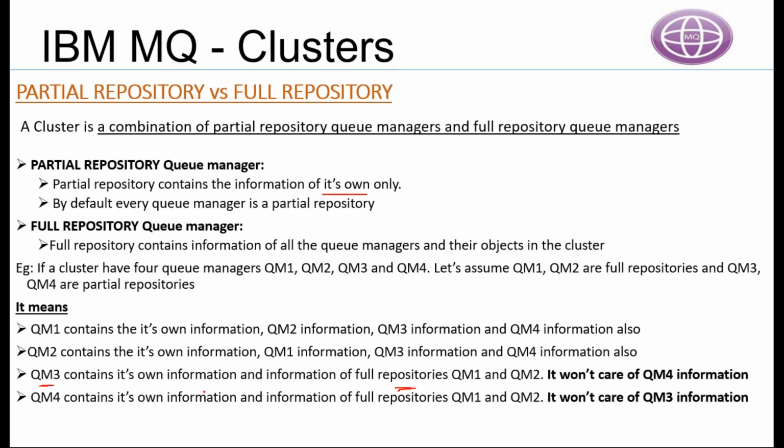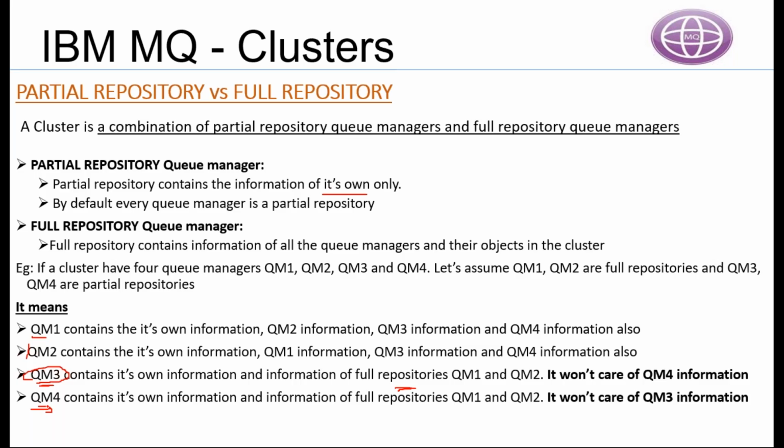That's why I was saying blindly that a partial repository contains its own information. But the actual thing is, queue manager 3 being a partial repository contains its own information and QM1 and QM2 information, which are full repositories. But it won't have the information of queue manager 4 because it's a partial repository.